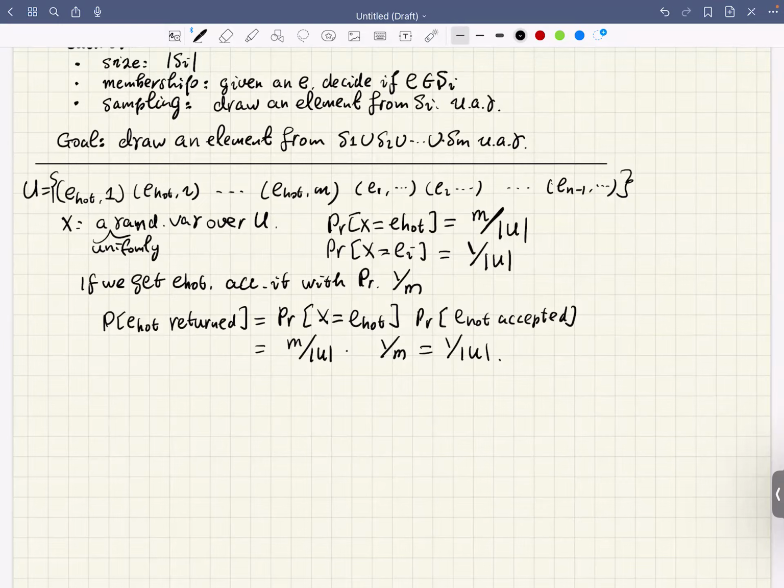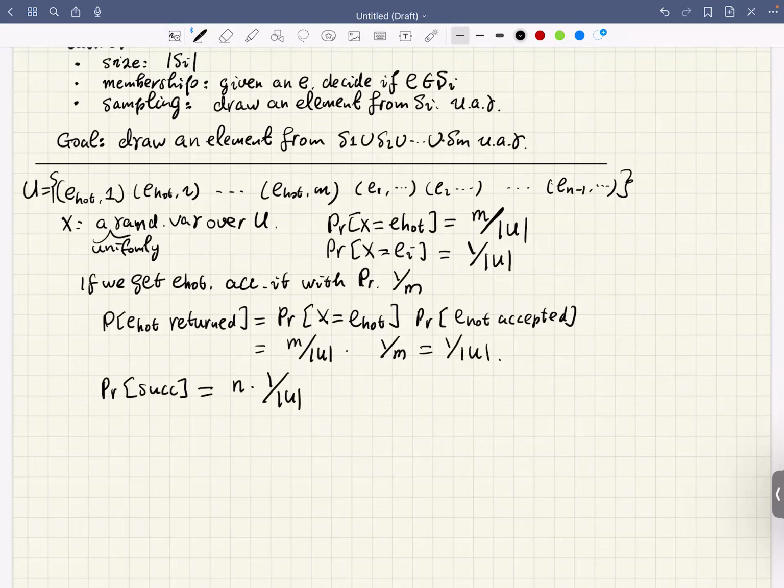This big successful event can be broken up into n smaller success events, because I have n distinct elements there. What is the probability of each small success event? It has to be precisely 1 over U, because this is supposed to be a uniform random sample. So the probability of success, you can see quite clearly, is n times 1 over the size of U.